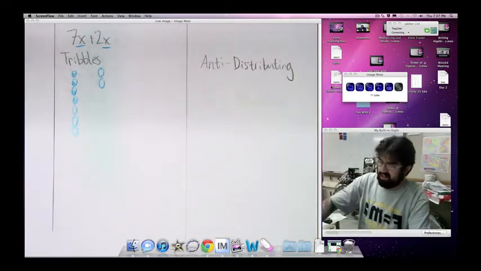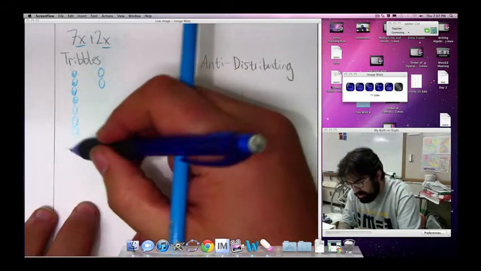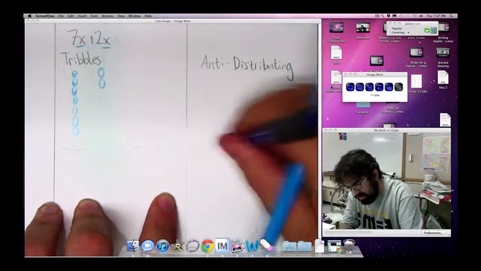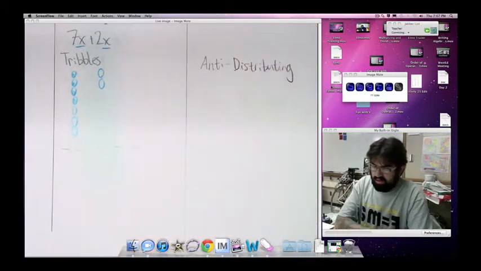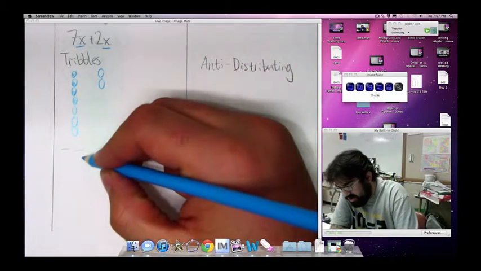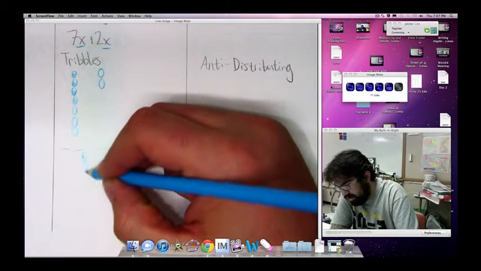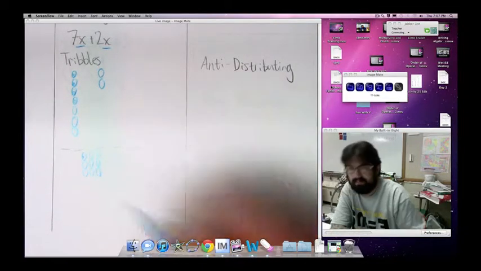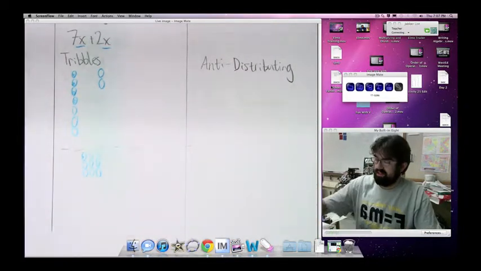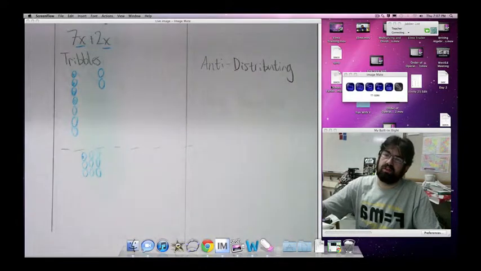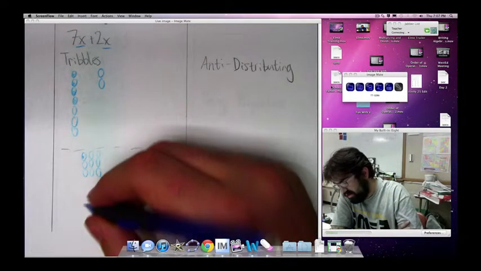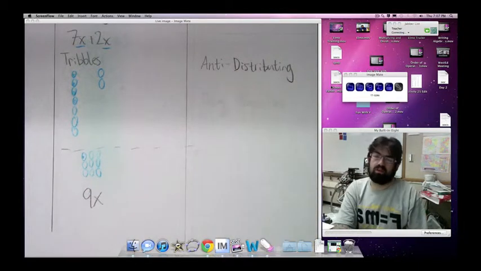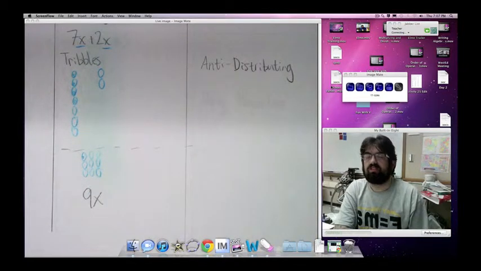So if I put these together, if I draw my dotted line, I would rearrange. Now I have 1, 2, 3, 4, 5, 6, 7, 8, 9. And since they're all positive, I'll darken this up for you. Since they're all positive, I know it is positive 9x. Okay, so that's using the triples method.